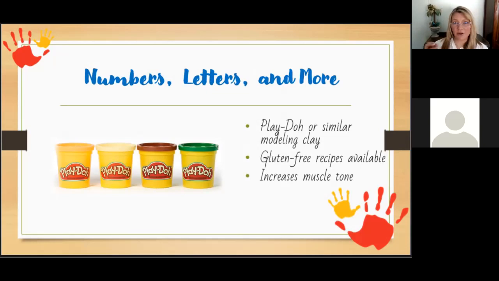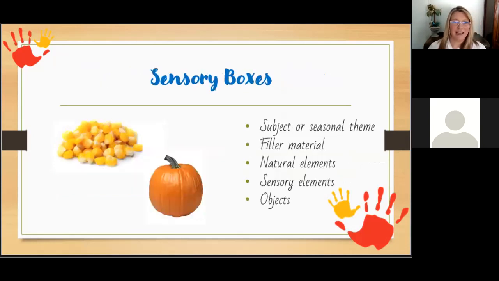Okay, another tactile element that is great for all ages and subjects are sensory boxes. And these can be themed either by subject or season. So, for example, if we were doing a fall harvest sensory box, some of the elements that could be in there would be corn and mini pumpkins or gourds, things of that nature.